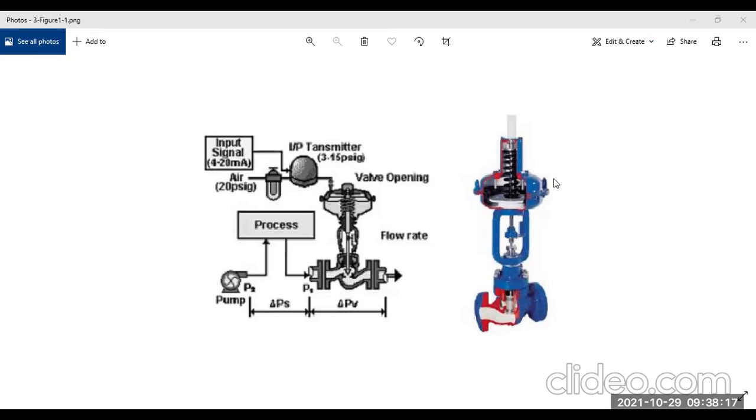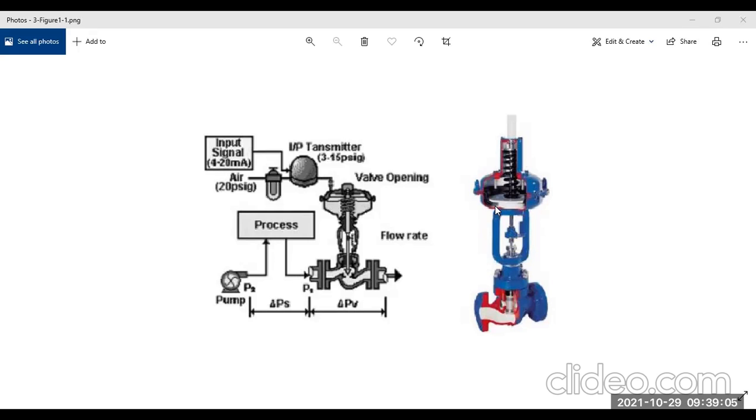I repeat once again: a pneumatic controller is a mechanical device designed to measure temperature, pressure, flow rate, level, and other parameters of industrial processes, and it transmits a corrective air signal to the final control element. This is called the pneumatic controller.